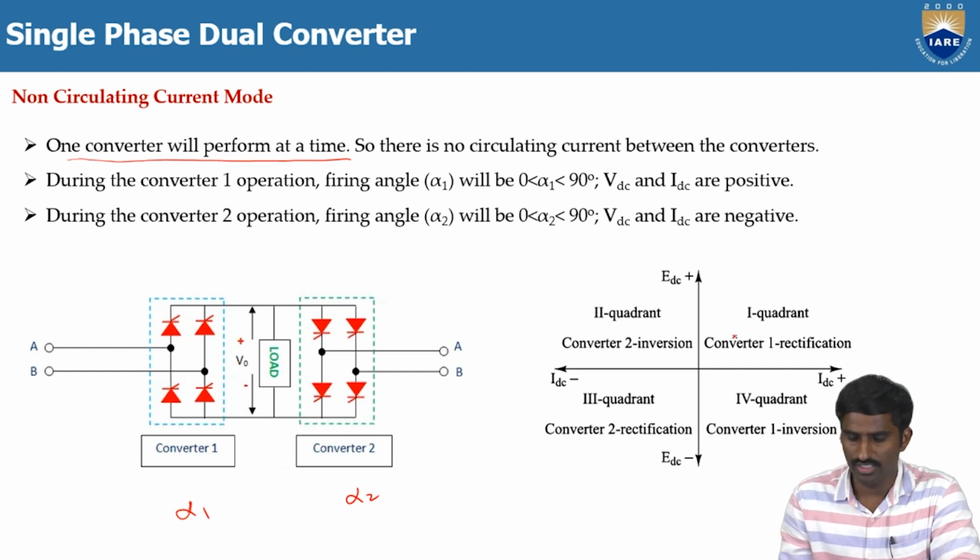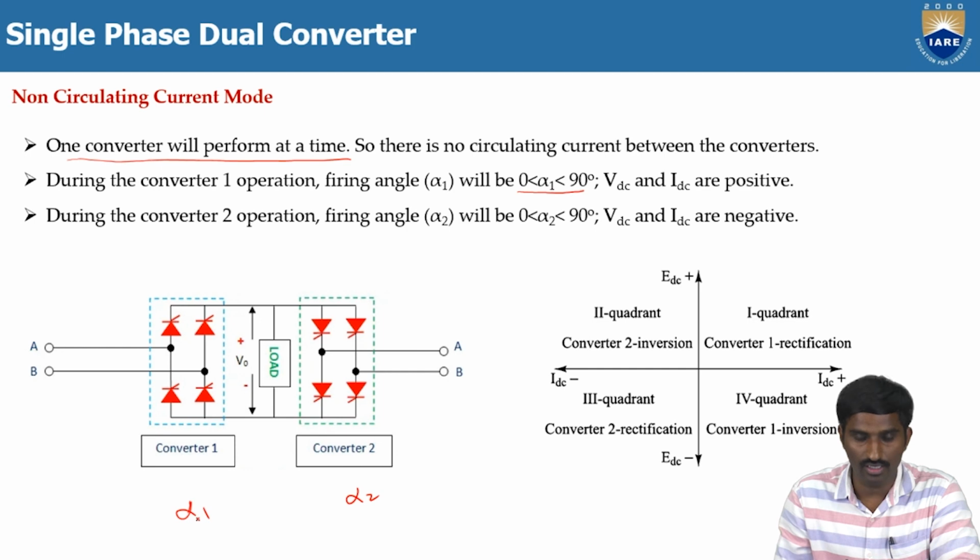As we can see, converter 1 can be operated in the first and fourth quadrant. Suppose you want to operate converter 1 in the rectification mode, which means the supply is from the source to load. Then the firing angle alpha 1 should be between 0 and 90 degrees.